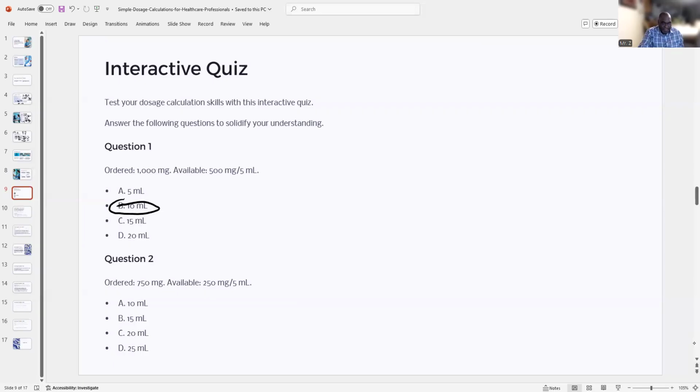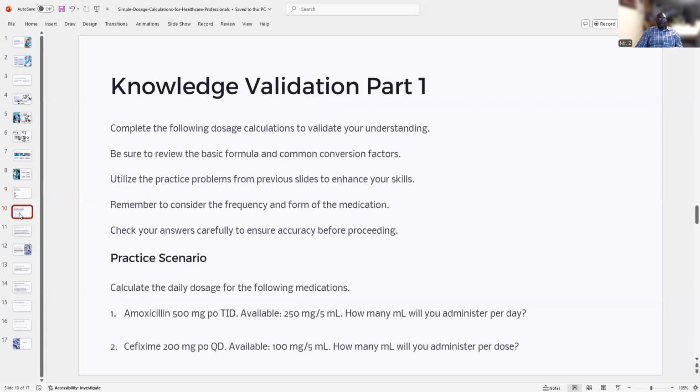Time is up. What's the answer? 15. That's B. All right. Good job. All right, so let's do some knowledge validation.